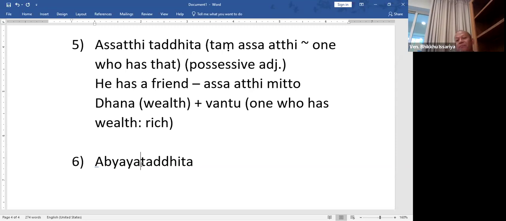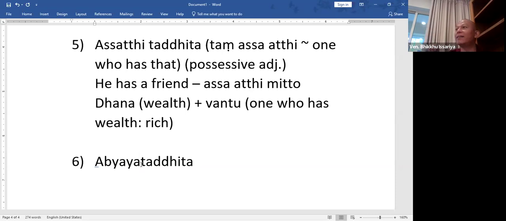Okay, this type. In Abhidhamma there is Abhyagata; here it is Abhyaya.